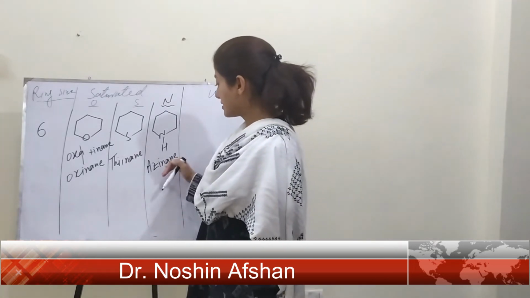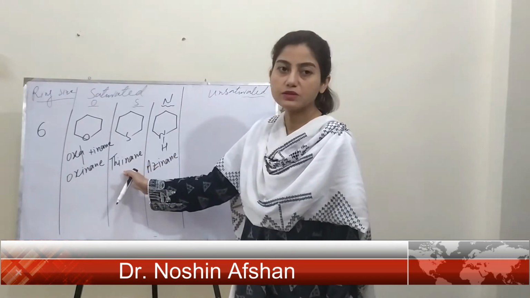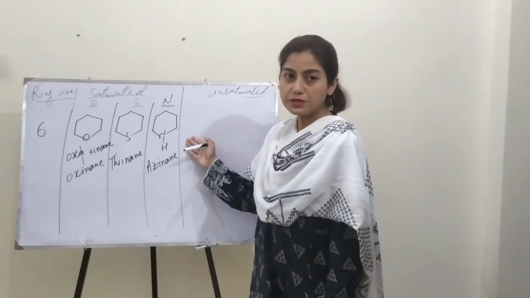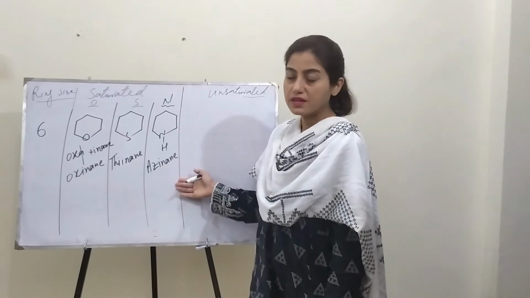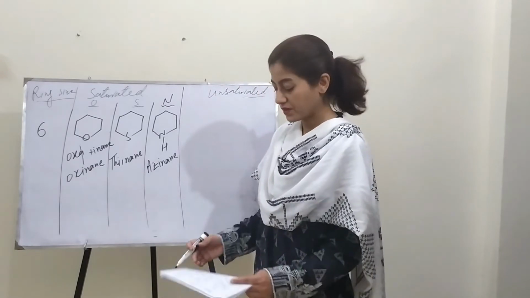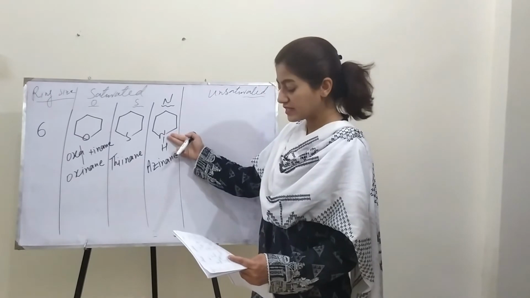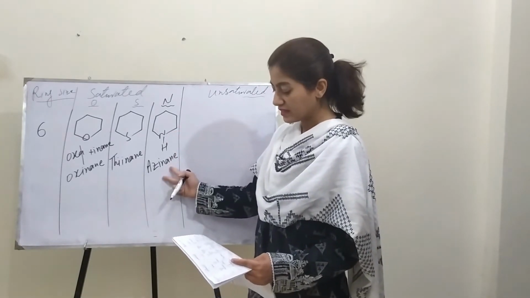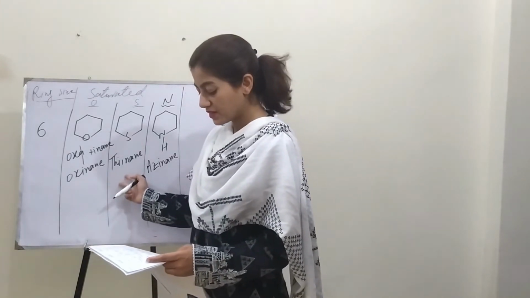Up to 5-membered rings, for nitrogen there is a bit different name as compared to the oxygen and sulfur containing rings. But from 6-membered onward, the nitrogen also follows the same ending name as in the case of oxygen and sulfur. So here, for a 6-membered ring having nitrogen as heteroatom, the name of this compound would be azinane. But there are also their common names.